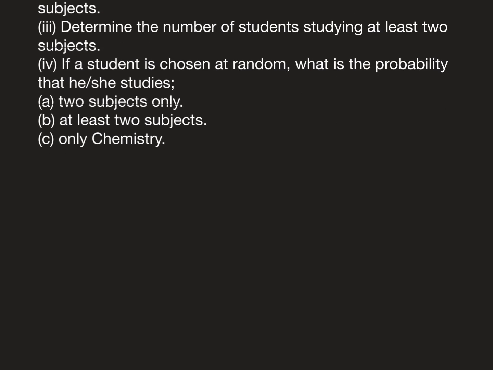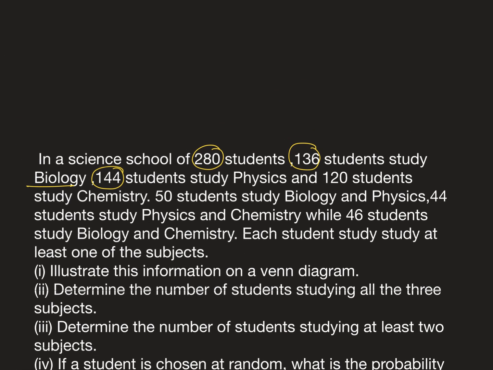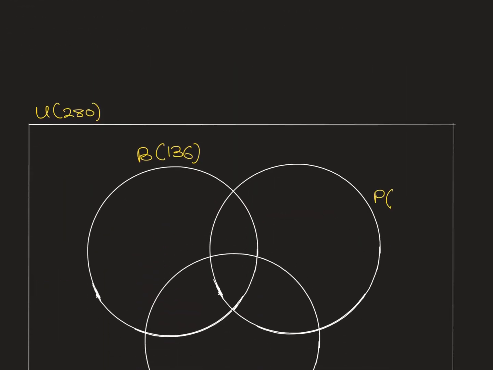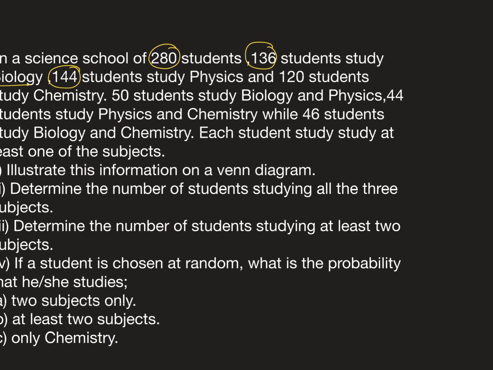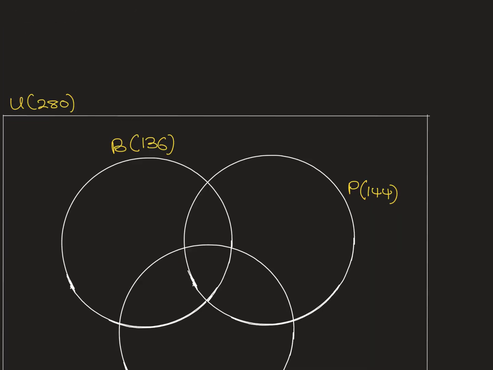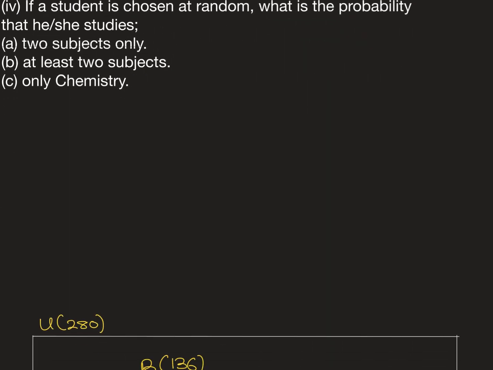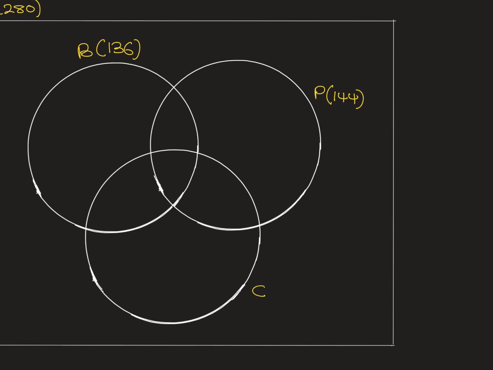So that is the total number of students studying physics. So let this be for physics. It is 144 students. Okay? Then we move on. It says, and 120 students study chemistry. So that is the number of students studying chemistry is 120. So chemistry is 120. So is this first point clear?